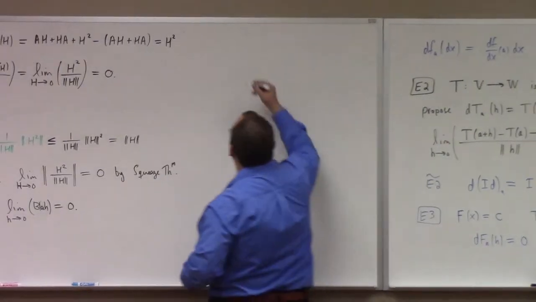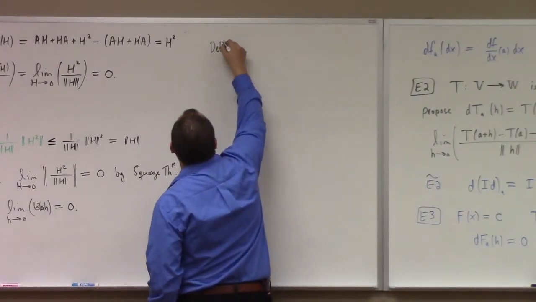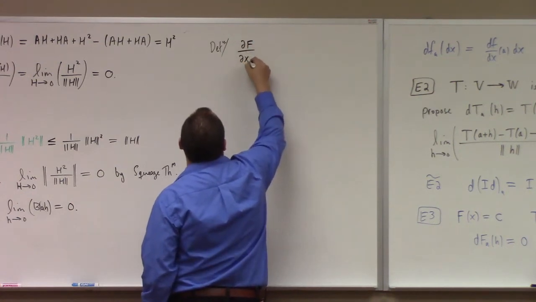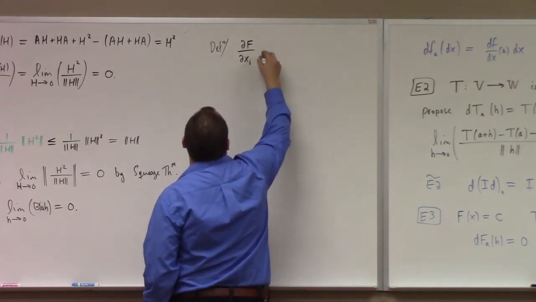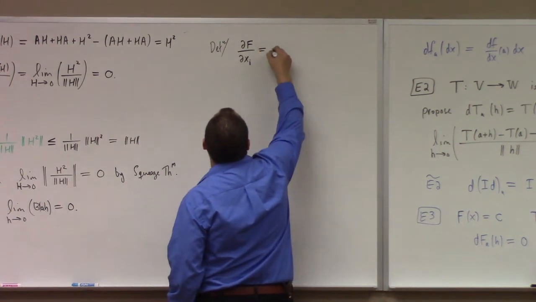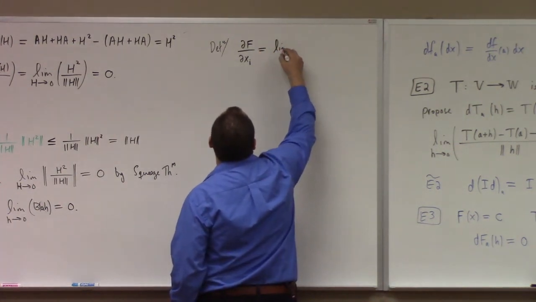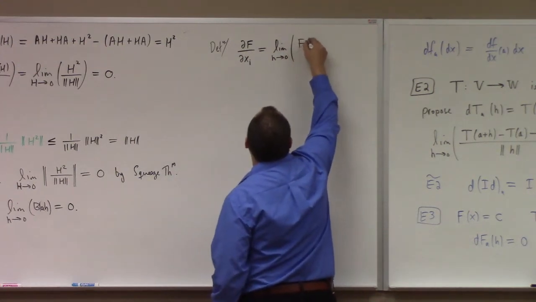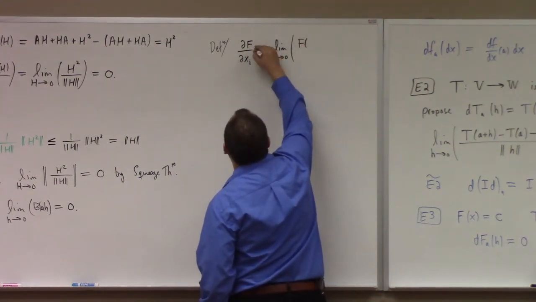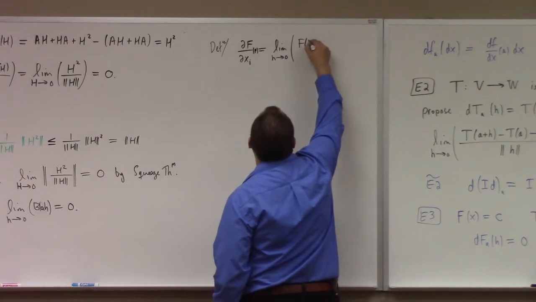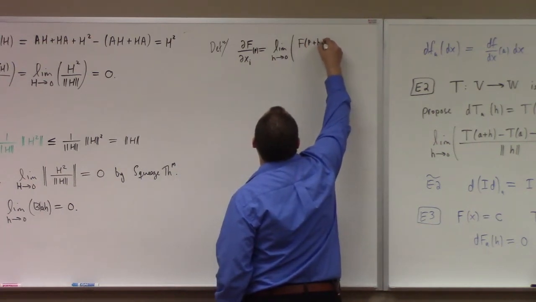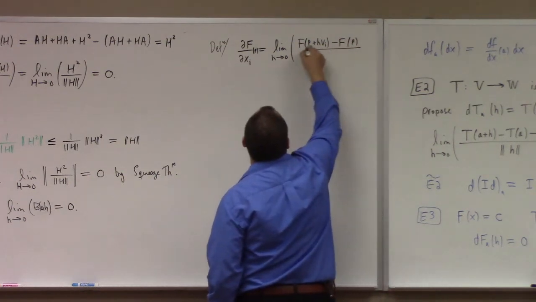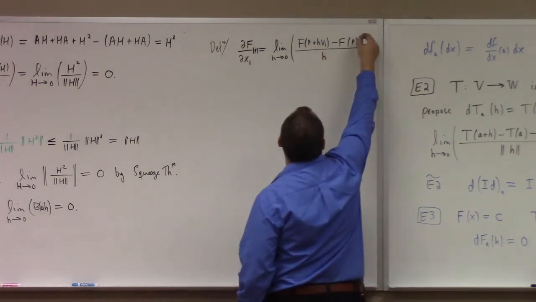But what we do is we make a definition that partial f, partial xi is going to be the limit as h goes to 0 of f at the point P plus h vi minus f of P, over h.